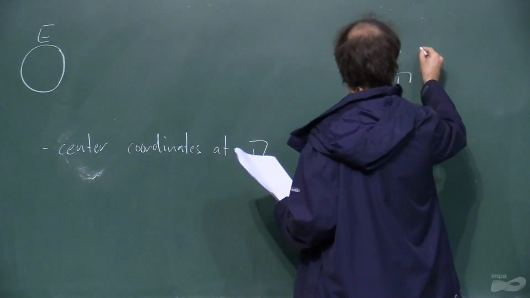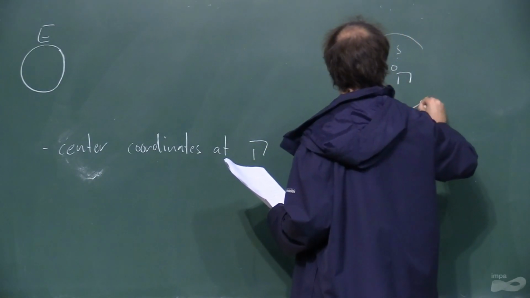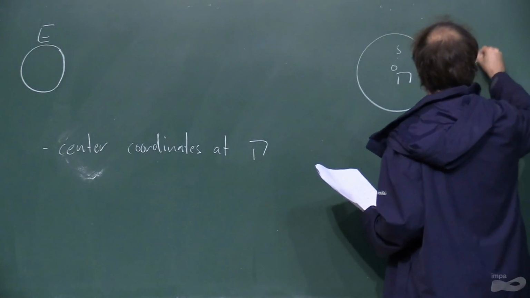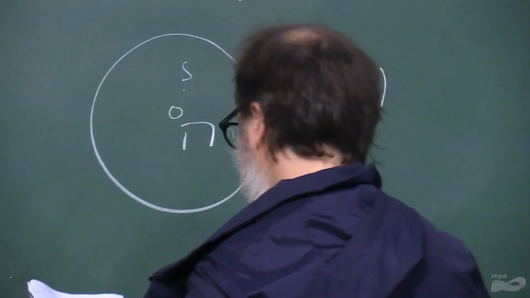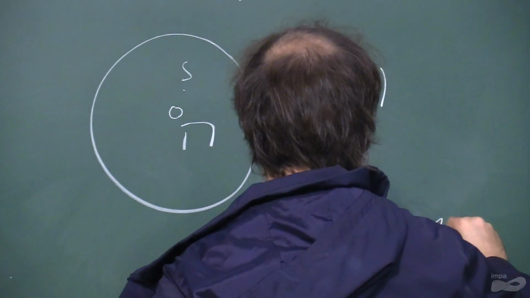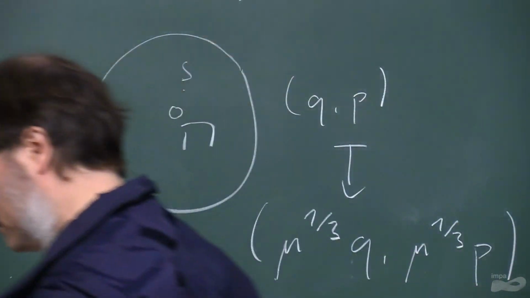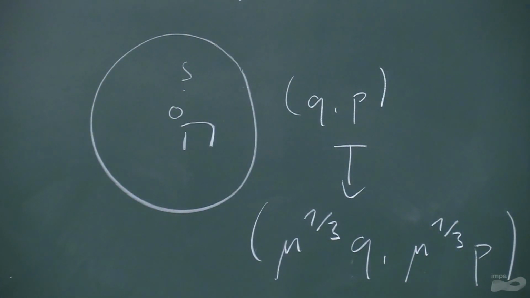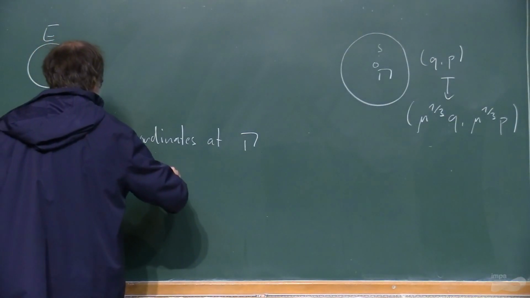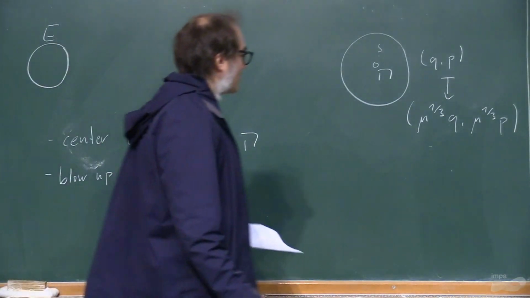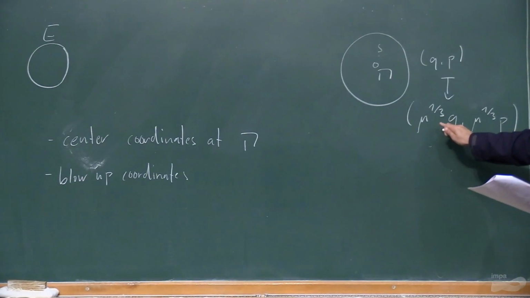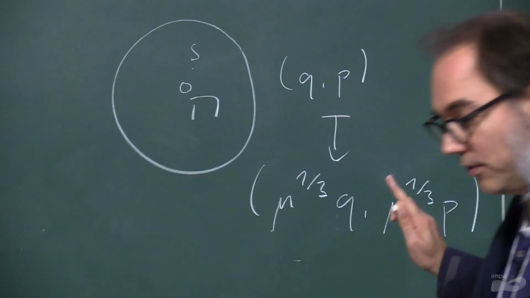So we look at some tiny neighborhood of the Moon, and we consider the transformation (q, p) to (mu^(1/3) q, mu^(1/3) p), so we blow them up. So this is not symplectic. This is just conformally symplectic, with the factor mu to the 2/3.